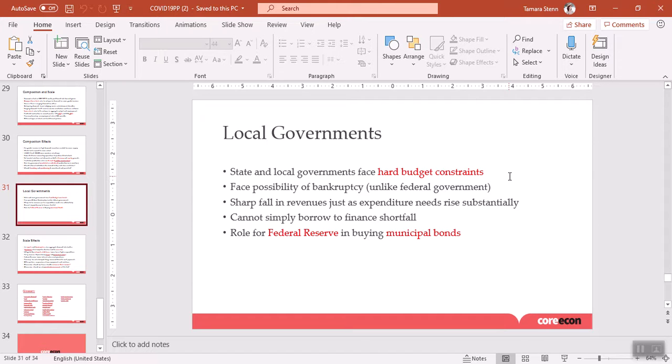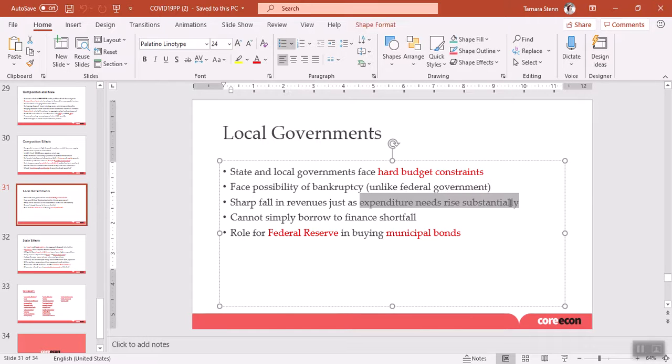Local governments don't have the power, okay? They have the constraints. They have the possibility of bankruptcy, okay? But the federal government does not. Local governments can have a shortfall in revenues, right? Just as expenditure needs rise substantially. So what that means is if businesses are closed and people aren't eating at restaurants and going to movies, they're not paying taxes.